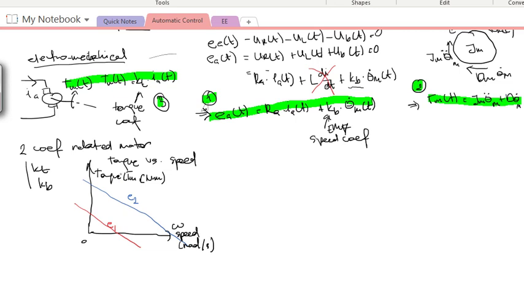So how do you find Kt and Kb? In order to find Kt and Kb, I have to define two points. The first point, if we supply voltage E2, is what we call the stall torque, T stall. It's the value of torque when the speed is 0. It is the maximum torque that can be provided by the motor.